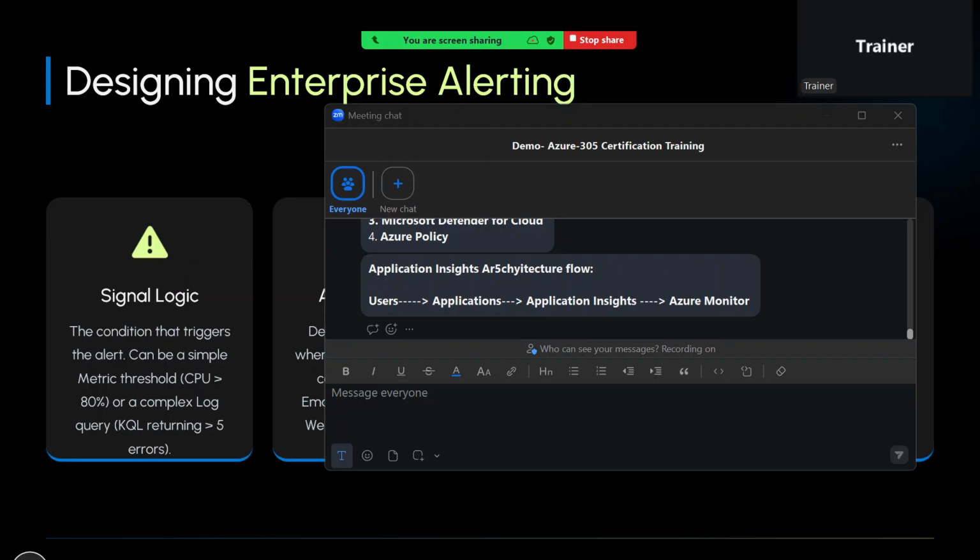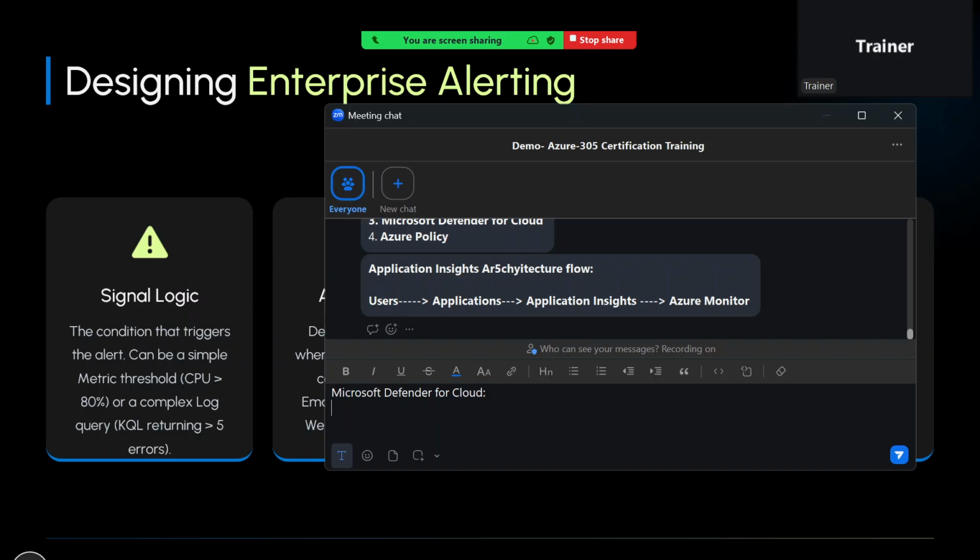Okay. And what is the Microsoft Defender for Cloud? So Microsoft Defender for Cloud is cloud security posture management, which is CSPM. Okay, let me write here. Microsoft Defender for Cloud.